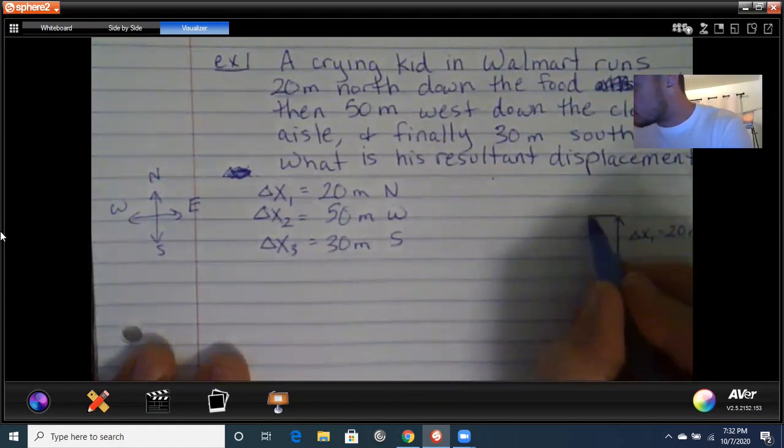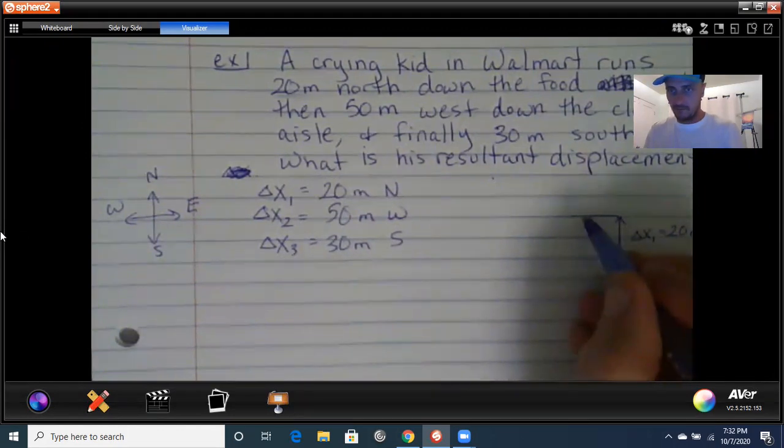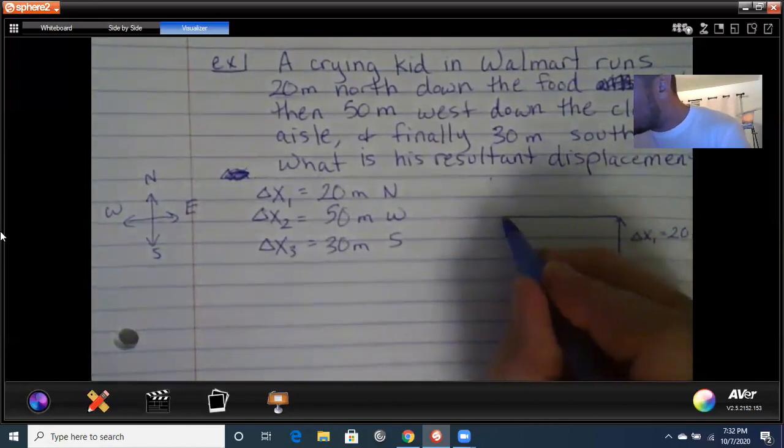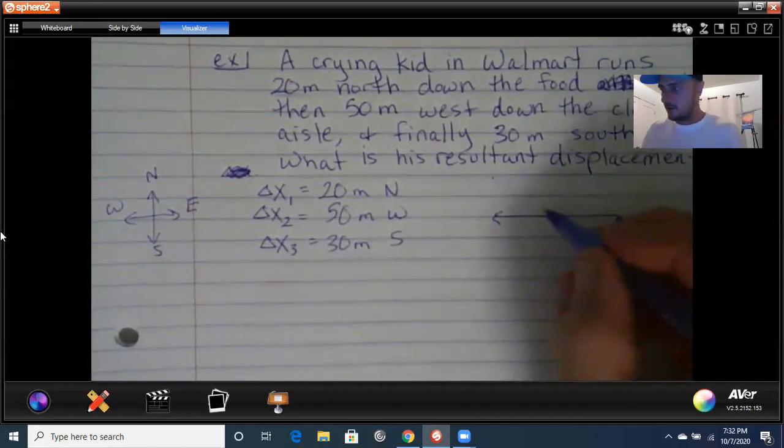Then we go 50 meters. And this is the other important thing. Do I want to stop my vector there? If I just made basically 2 lines worth 20 meters, well then I've got to go maybe like that far. If that's 20 meters, that could be 50 meters, right? You don't have to be exact, but you should try to draw your vectors relative to one another.